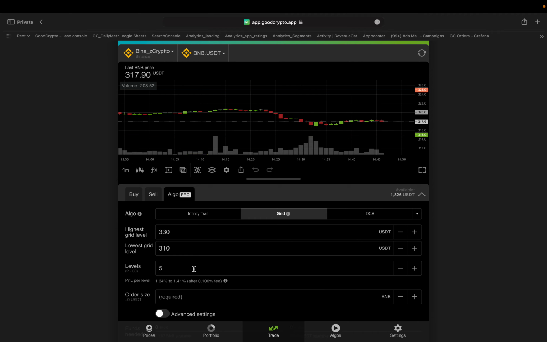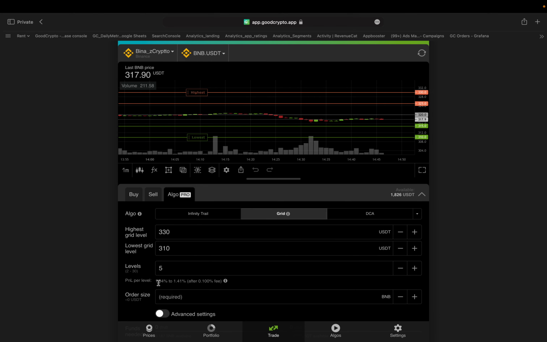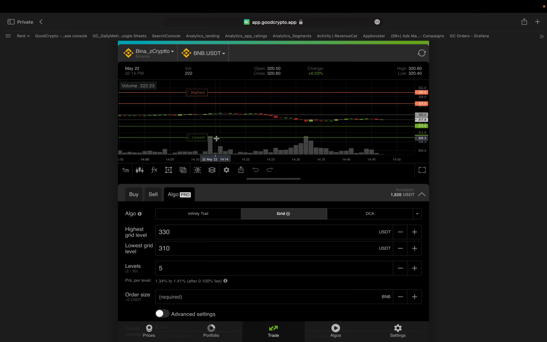It increased even more disproportionately, I would say. In this case, if you buy here and sell here, you're going to make 1.34%.